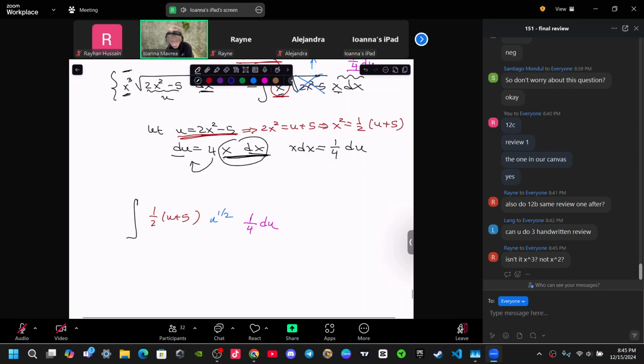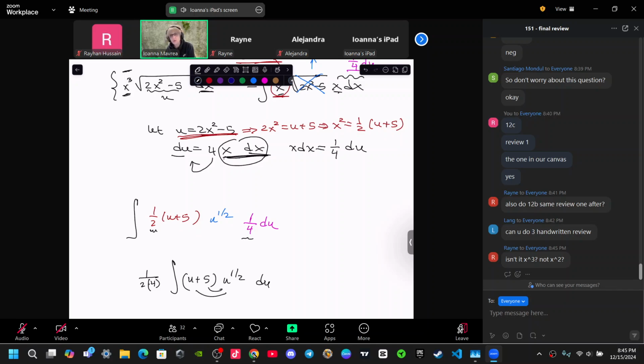Okay, so any constant factor, I'm going to take it out. 1/2 times 1/4, it's 1 over 2 times 4. Do you have to multiply? No, just leave it. Just don't write 8. And then I have the rest, (u plus 5) u to the half du.